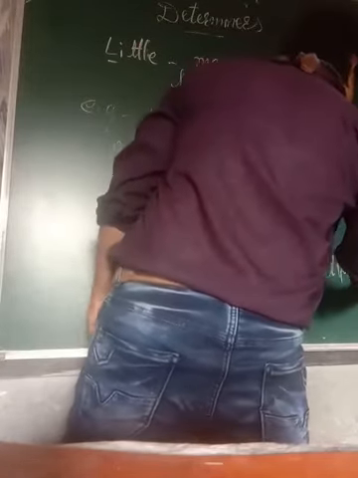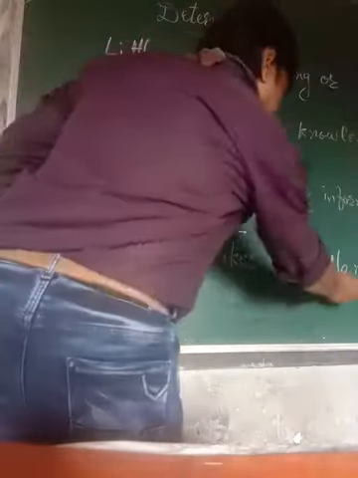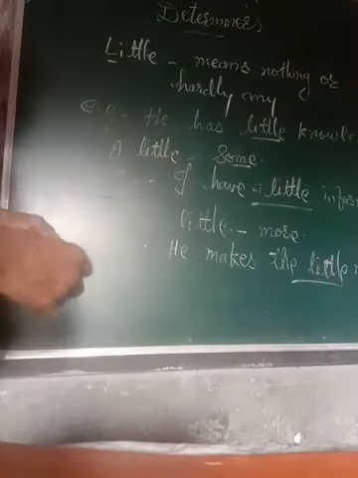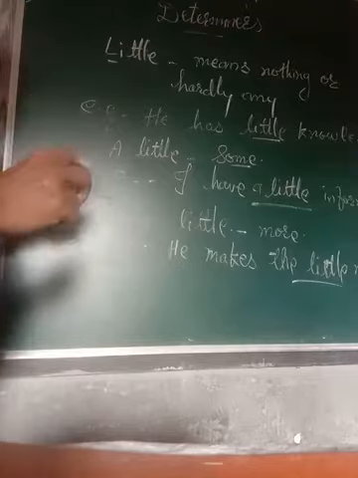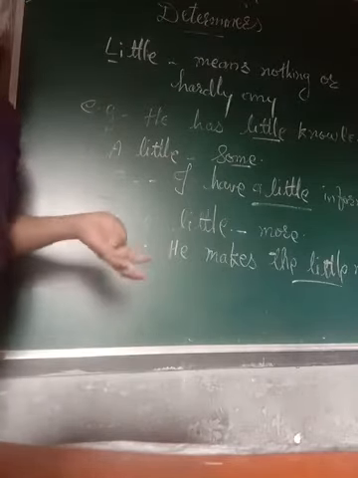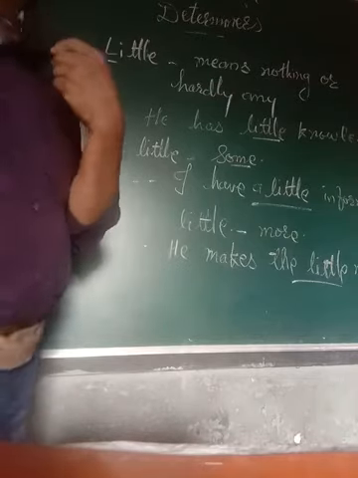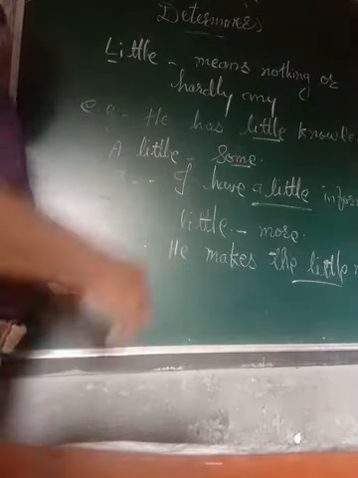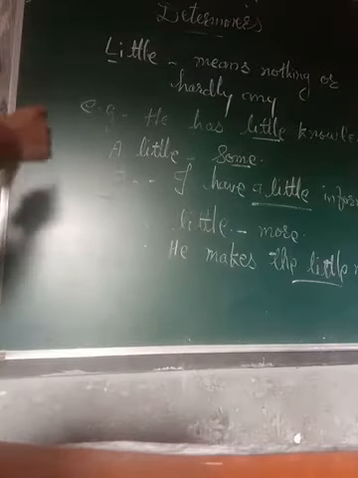Look, he makes the little money. Here the little money means more. Understand? More than a little and little. Okay. So this is the difference. And as you know very well, they qualify the nouns coming after them. Okay. So these are the examples.